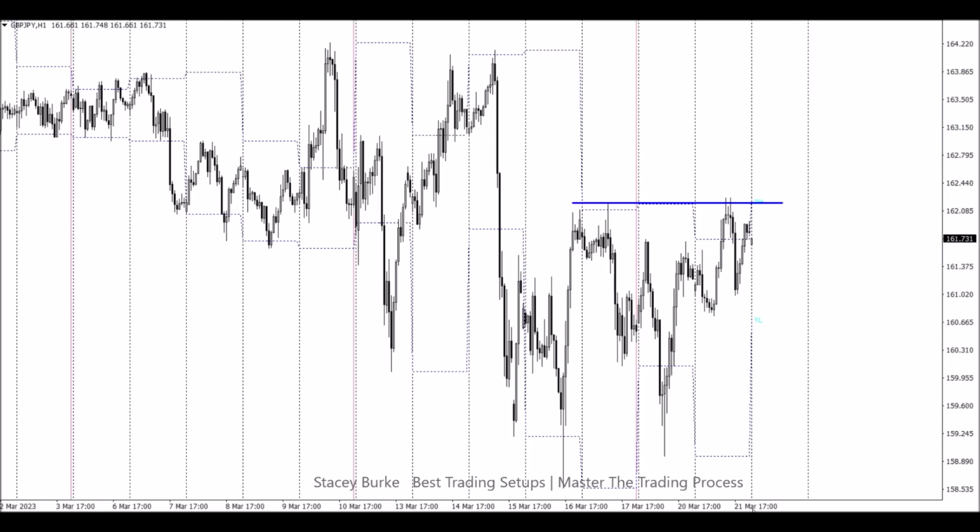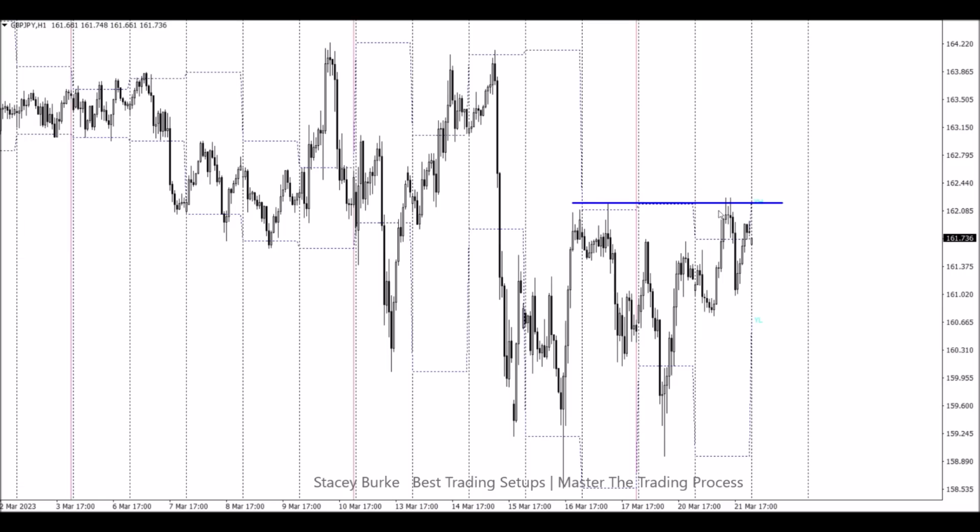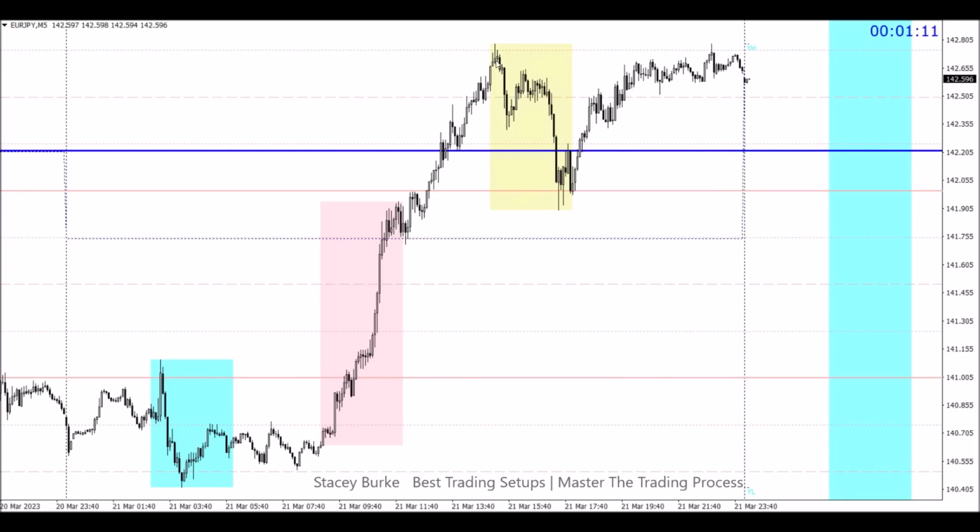So again, comparing the two, the euro is already outside of that range, which again comes back to maybe the pound, and the pound being weaker inside on the day, was the better selection of the two to target a bigger range and a better trade setup. So again, the euro yen, same timing, same trade, broke through the breakout high of the previous peak formation before reversing and coming back up in a strong trend.